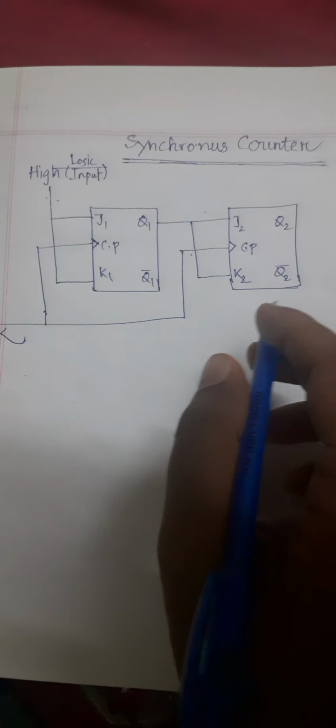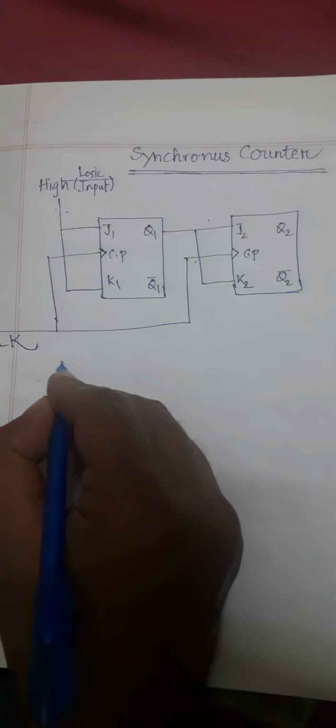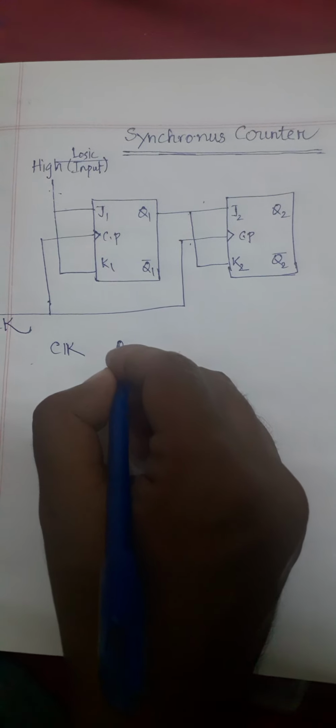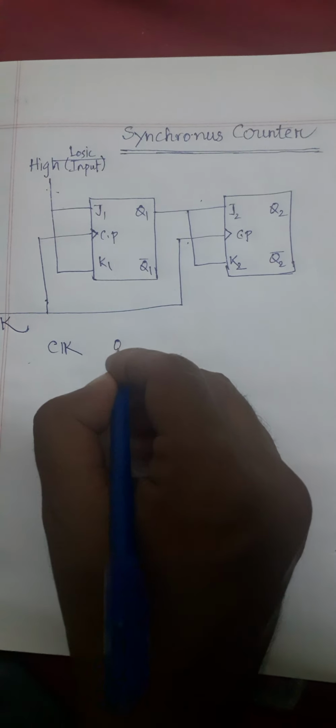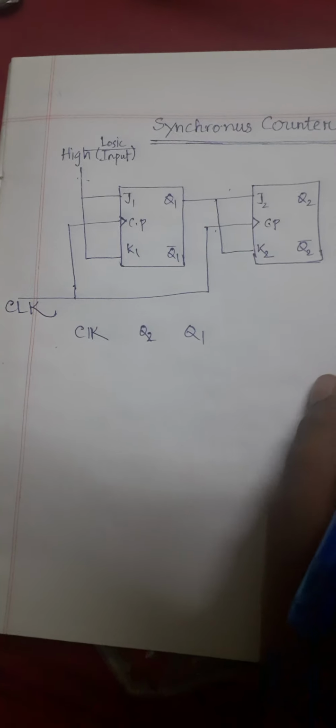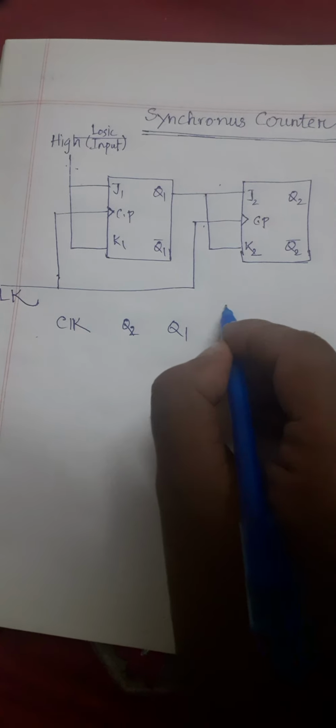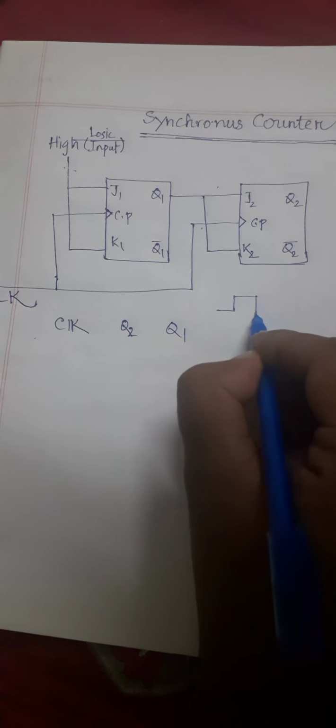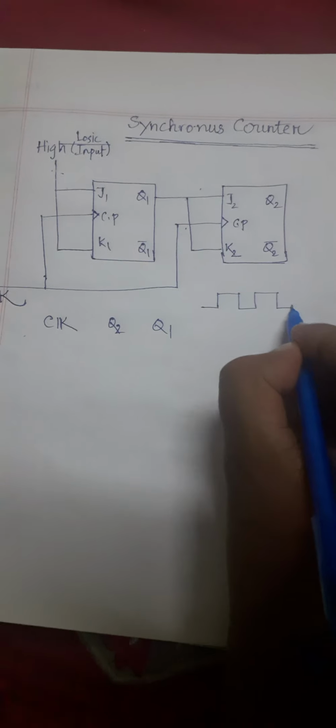That is a question, right? So now let's try to build a table. We have clock, then Q2, we have Q1, and so on. And as you all know, we will be dealing with clock pulses like this.